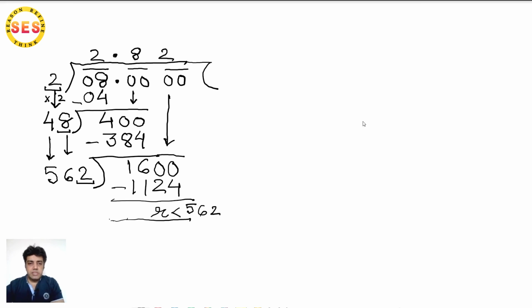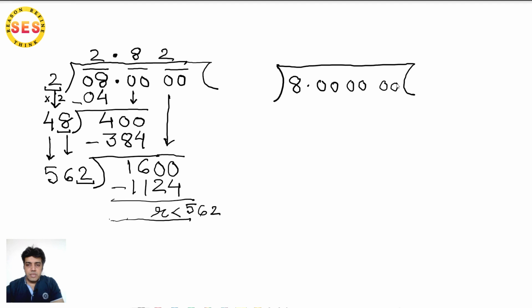Last but not the least, I am giving you a take home here, and the take home here is, please find out the square root of 8 till 3 digits, 3 decimal digits. This is one that you would do. Second, what is the largest double digit number, the square root of which you can calculate?